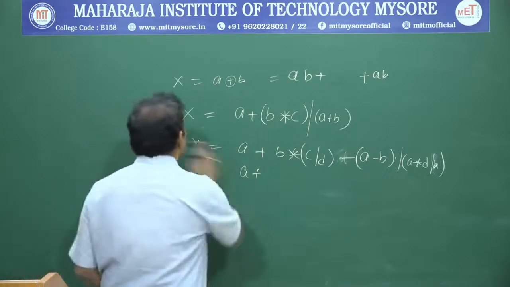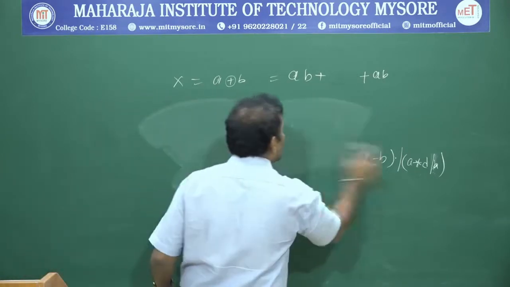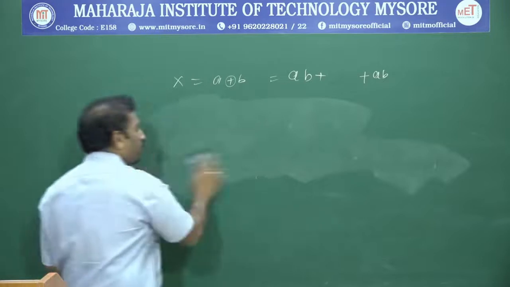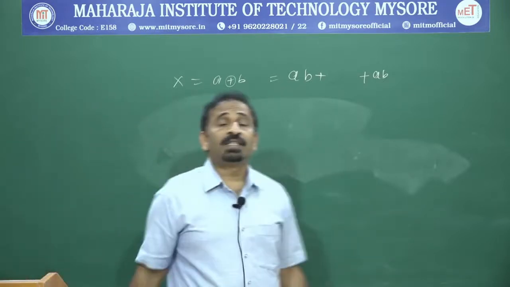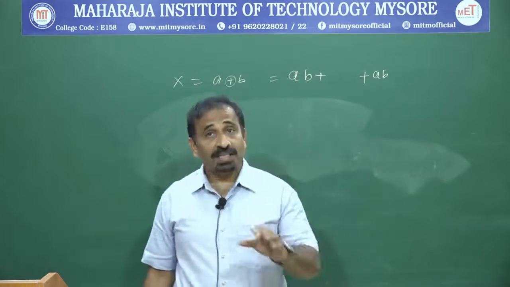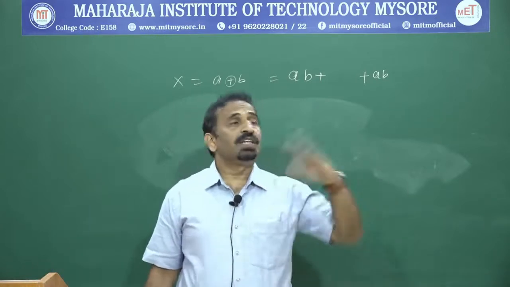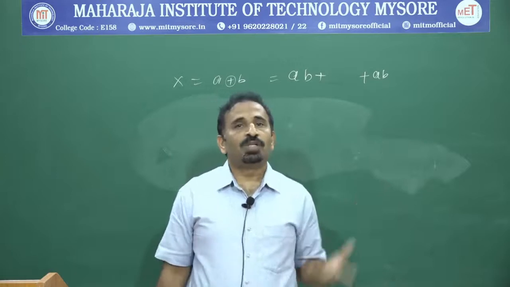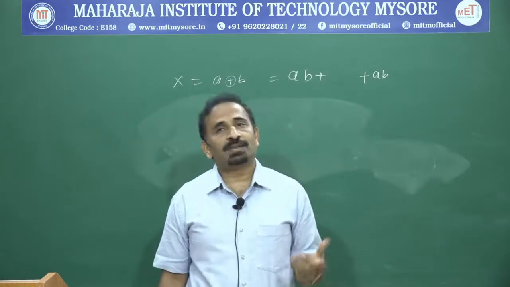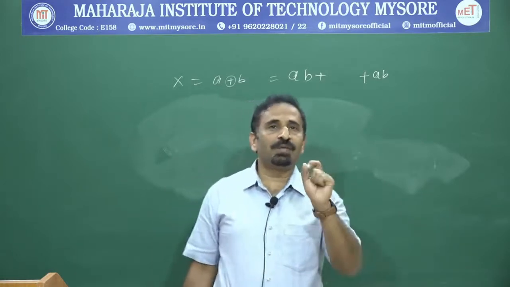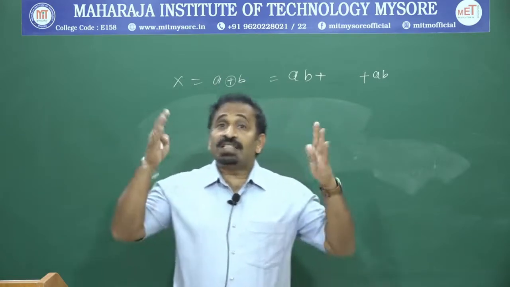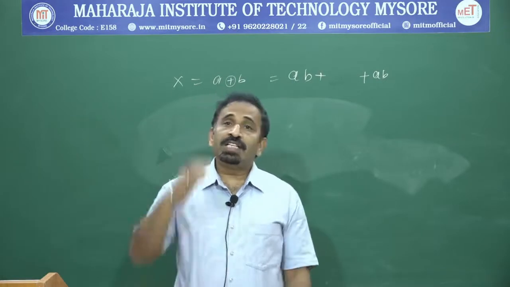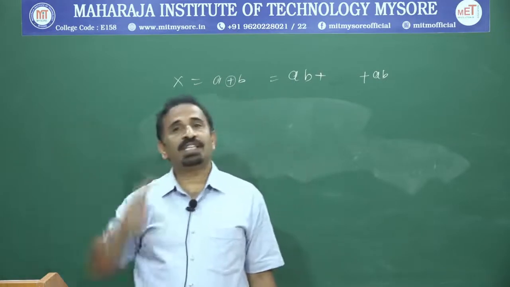So how do you do this conversion from infix to postfix? The procedure uses a stack. I use a stack to convert an infix expression to a postfix expression. Please remember this in your mind. I give as input an infix expression, which is basically in the form of a string.